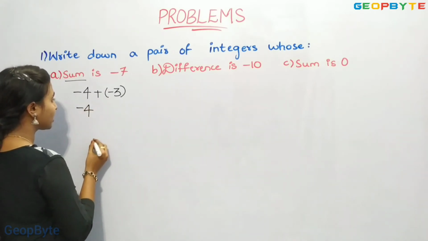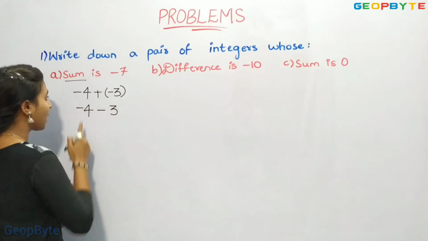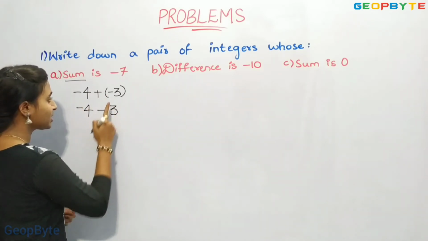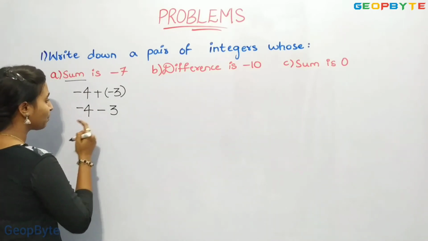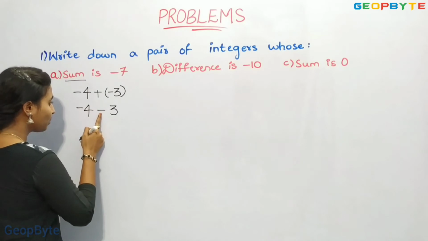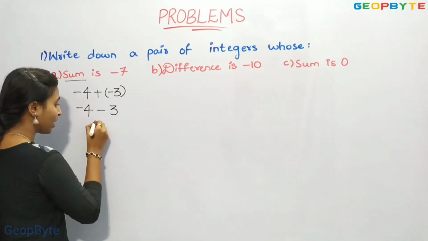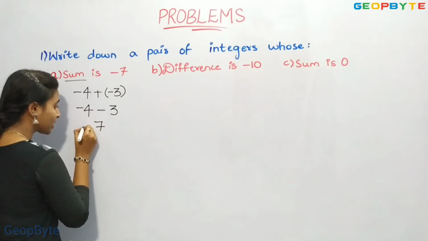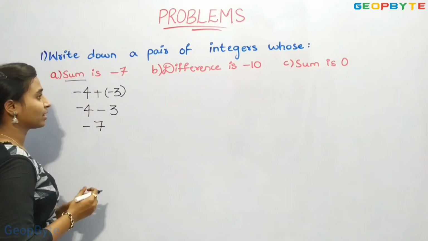Plus into minus, minus 3. Now we have minus 4, minus 3. Minus into minus, plus. 4 plus 3 is 7. As two minus signs are there, the sign will be minus, and we got minus 7.